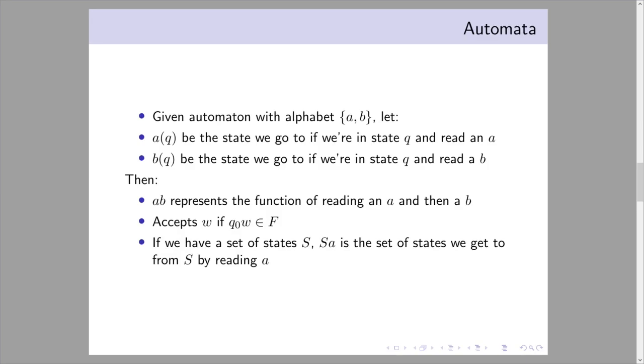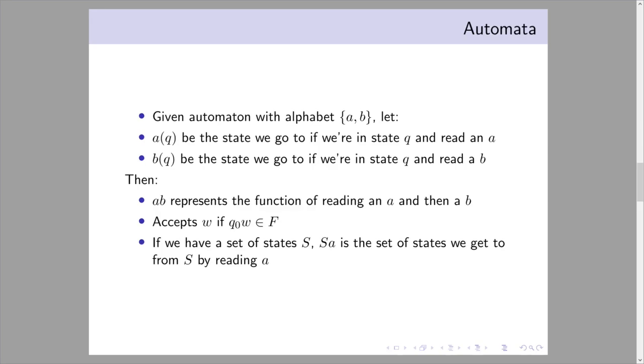We say that an automaton accepts a particular word if when we start off in the start state, which is denoted Q0, and read our particular word, that is apply W interpreted as a composition of A's and B's, then the resulting state that we wind up in is in our capital F set of accept states.